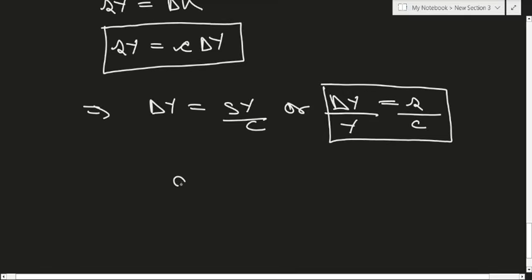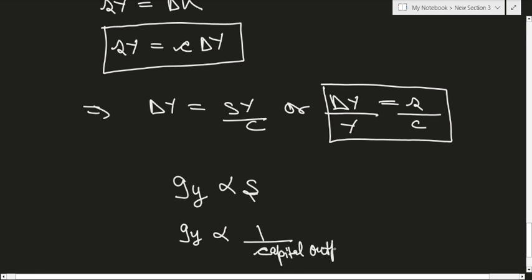So from here we can say the growth rate of output is directly proportional to the savings rate, and inversely proportional to the capital output ratio.